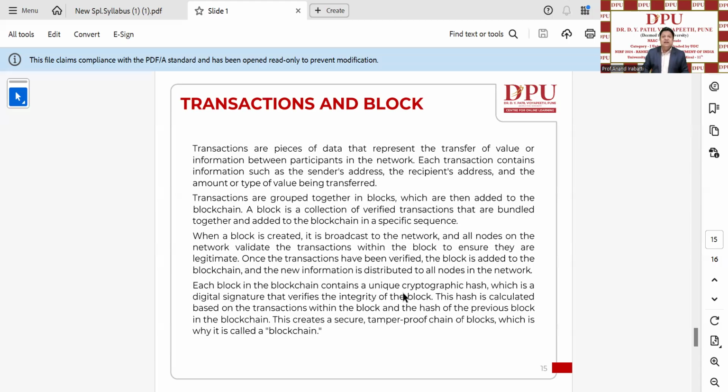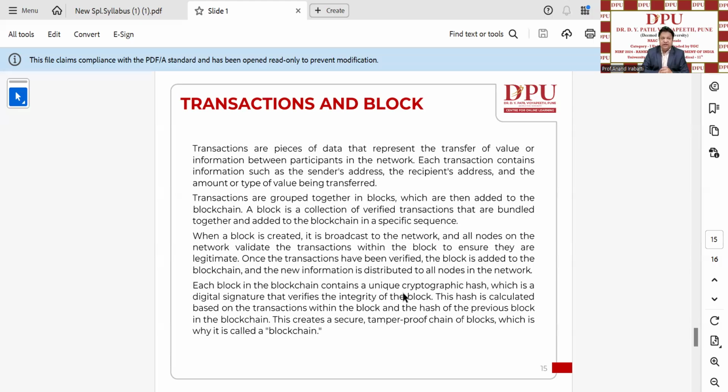So a transaction is a digital operation that is recorded on the blockchain. As simple as that. The second component is blocks. What is a block? A block is a group of transactions that are bundled together and added to the main blockchain.